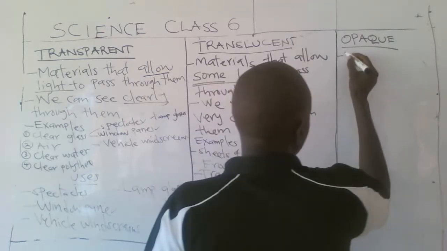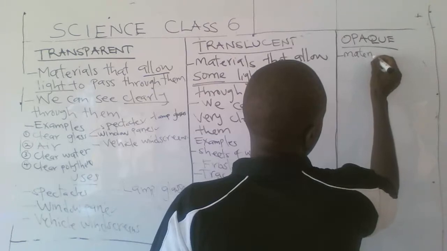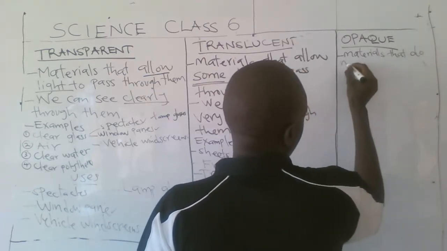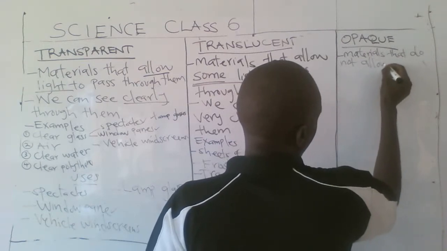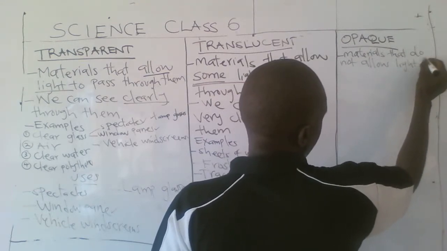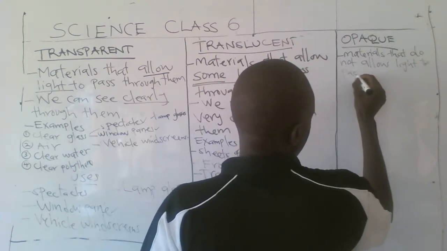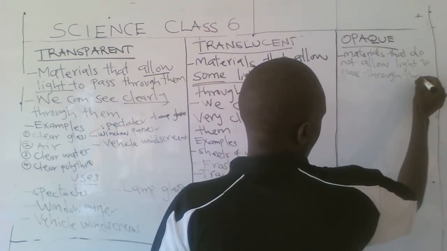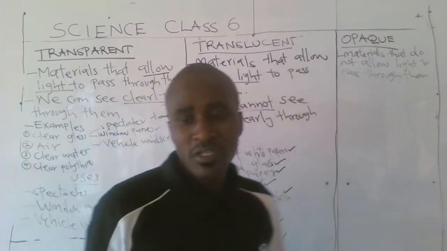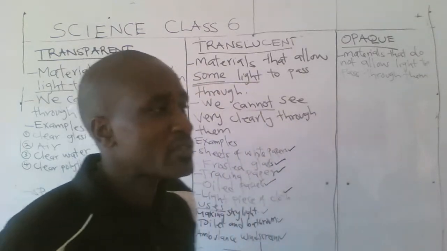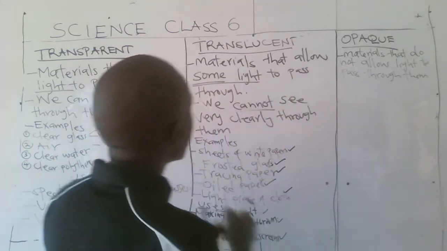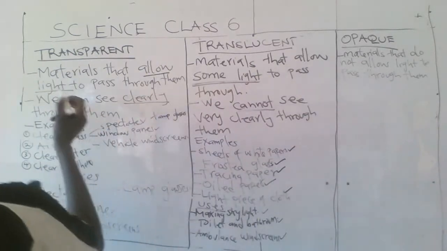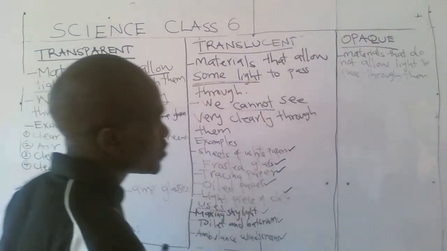Opaque materials do not allow light to pass through them totally, unlike translucent, which allows some, unlike transparent, which allows all light to pass through them.